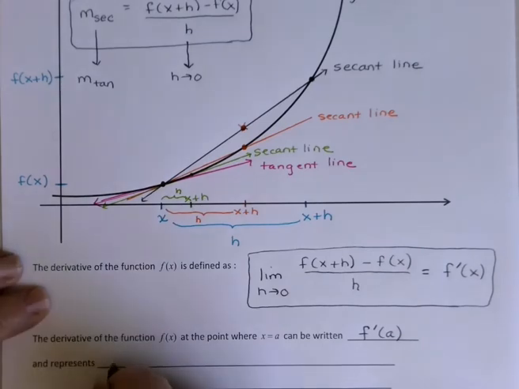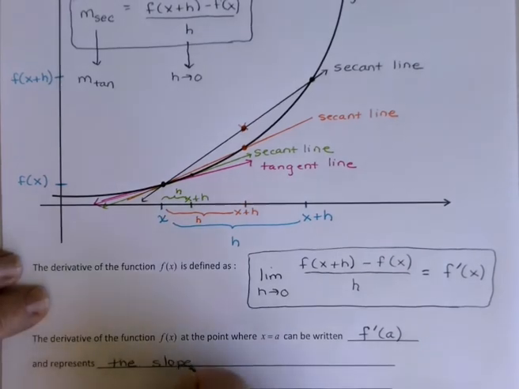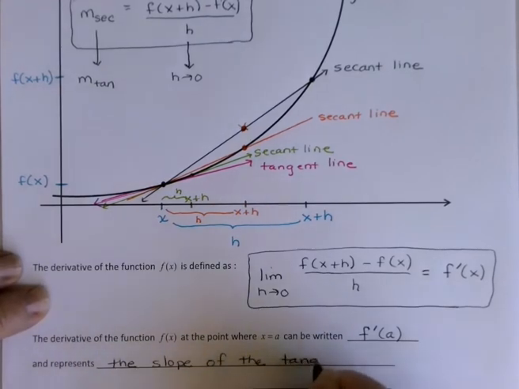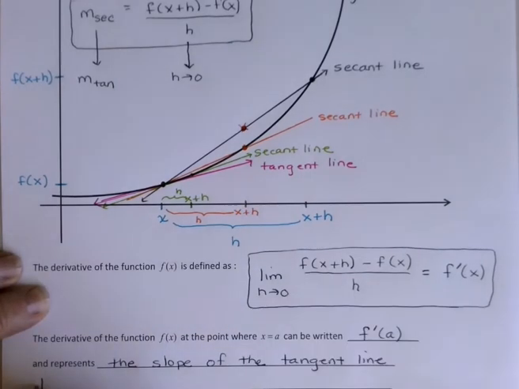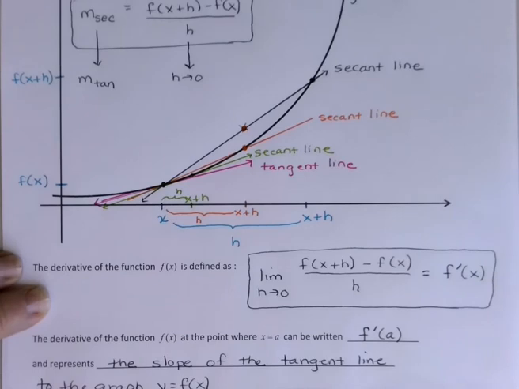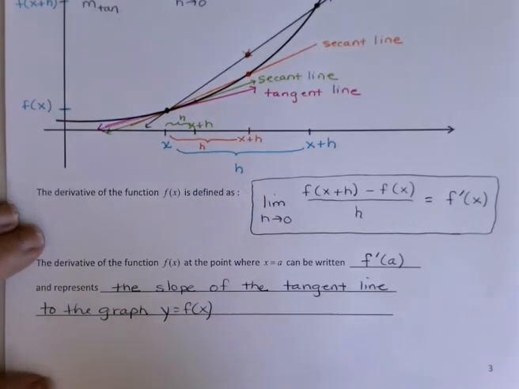And again, it represents the slope of the tangent line to the graph of f of x at the point where x equals a.